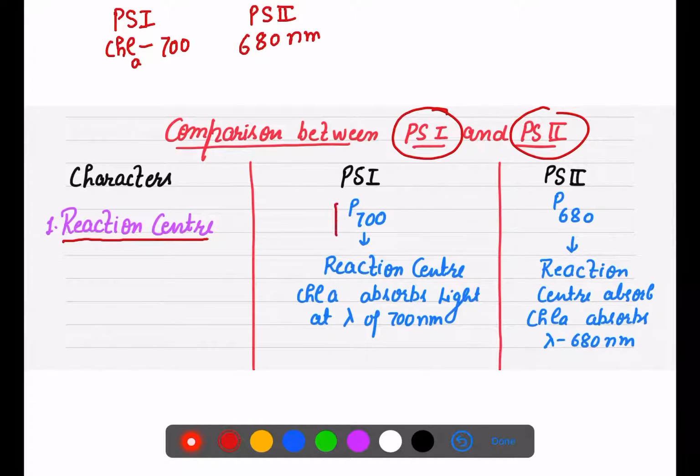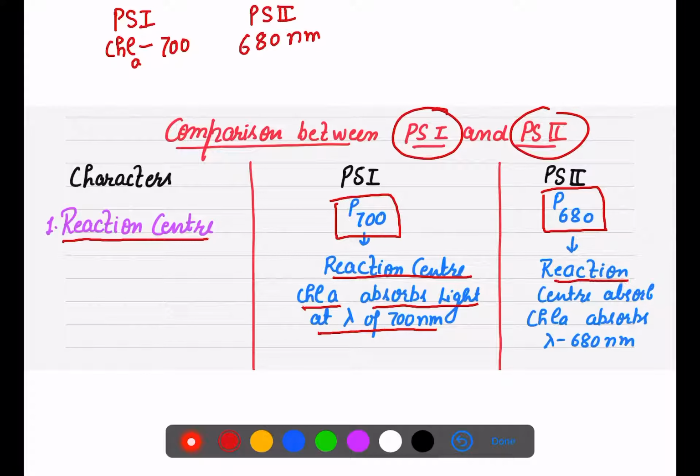So in photosystem 1 we have P700 and in photosystem 2 that is P680. This is very much clear.